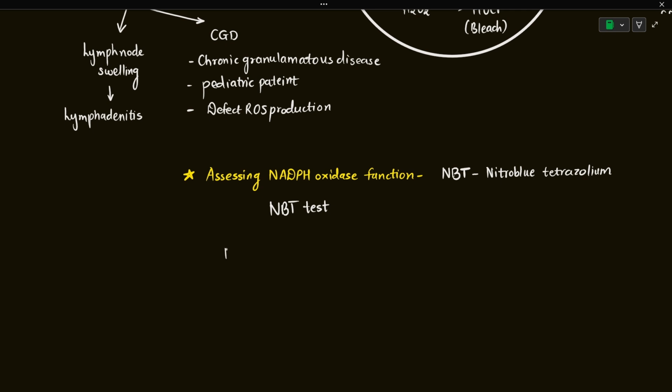Let's see what happens in this NBT test. It's a really simple test. We take the NBT reagent, which is actually colorless. Over this reagent, the NADPH oxidase works. If the NADPH oxidase is functional, the product formed will be a blue colored compound.